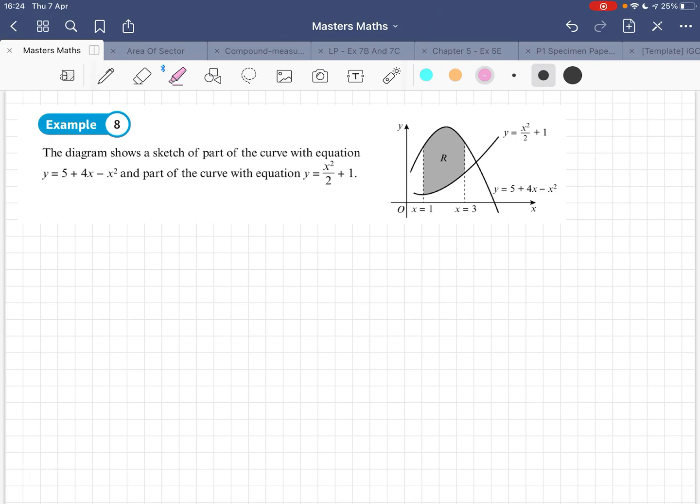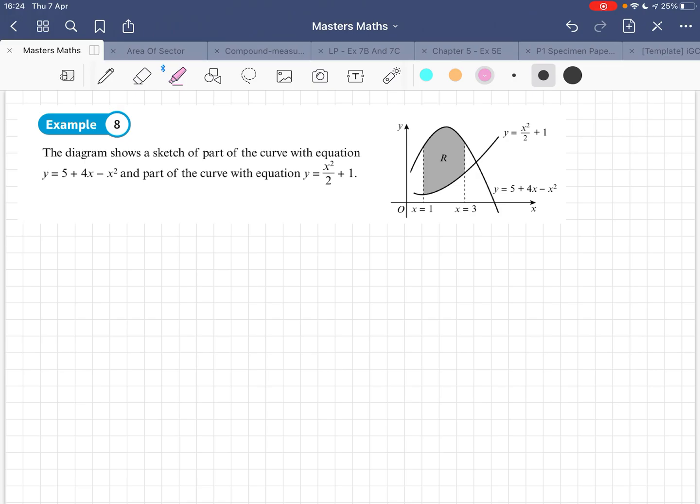So here we've got a diagram with part of the curves with equation y equals 5 plus 4x minus x squared, and part of the curve that has equation y equals x squared over 2 plus 1. So the one that's on the top is the one you're going to subtract from.